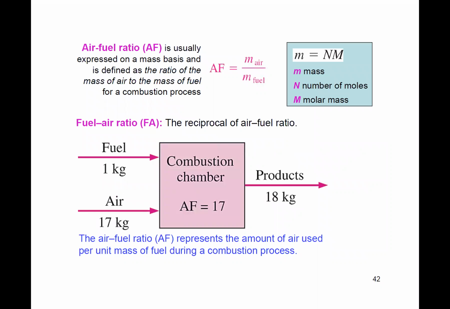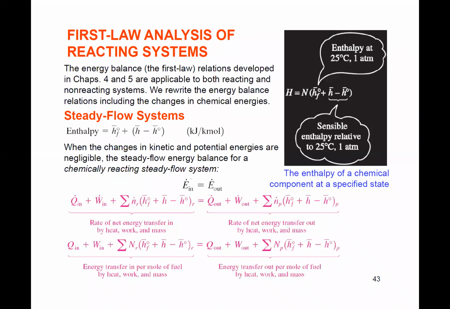All right, chapter 15, we have our air to fuel ratio, so just mass of air over mass of fuel. And we use the moles times molar mass to get there. And then everything else is really just conservation of energy in the rest of this chapter, in chapter 15. It's a conservation of energy. We have enthalpy is what's different.